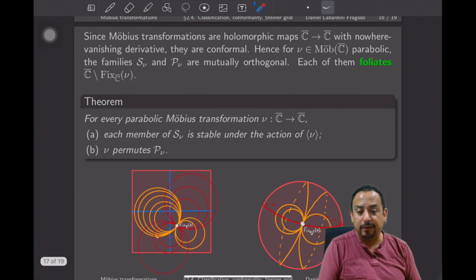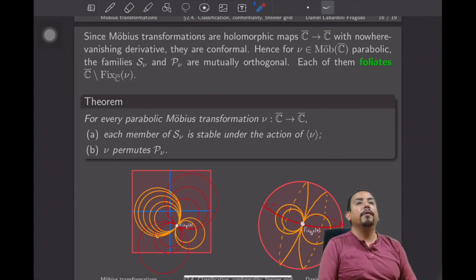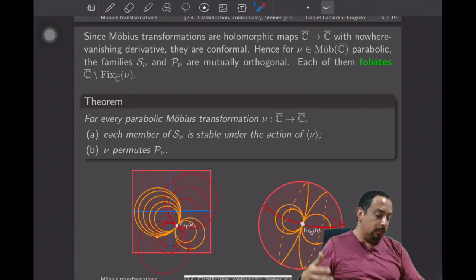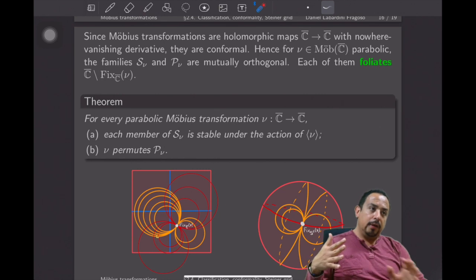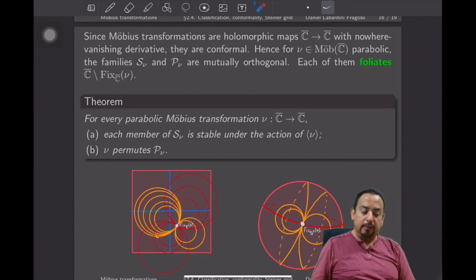And well, these two families, since we knew that in the standard example, in the translation, what I had was two families of curves that foliate C bar minus the fixed point, well, I have the corresponding property, but now for my Möbius transformation.